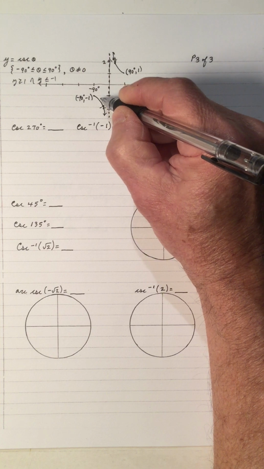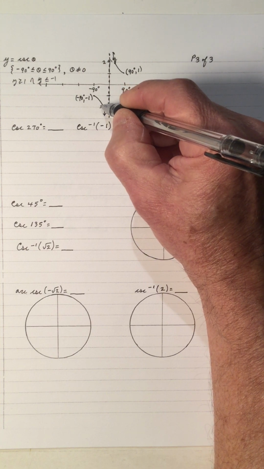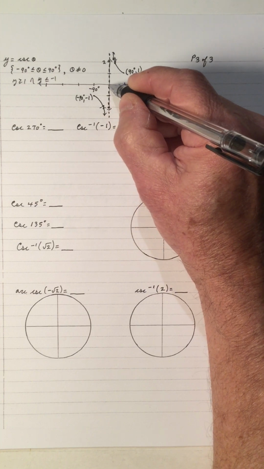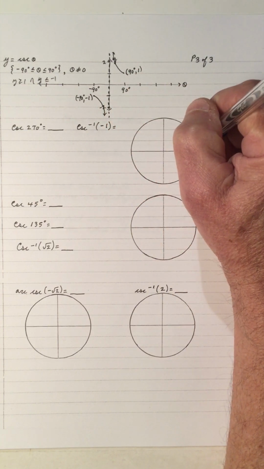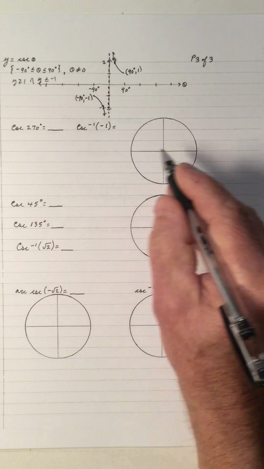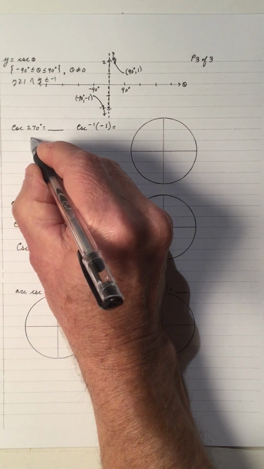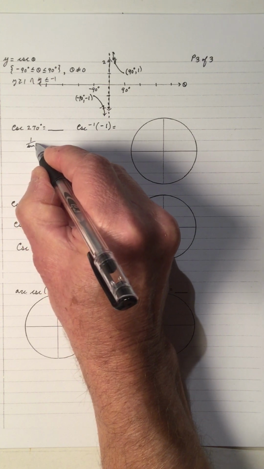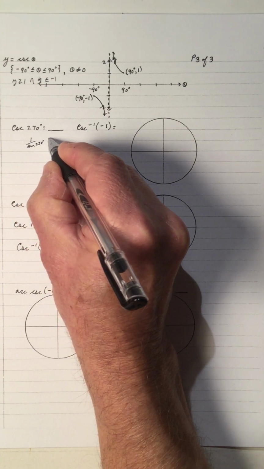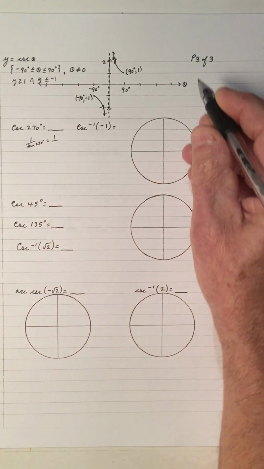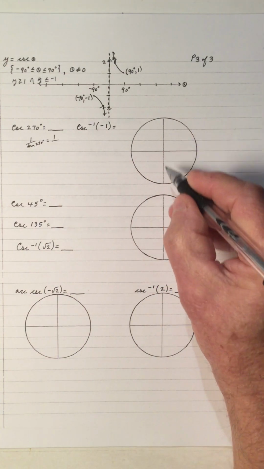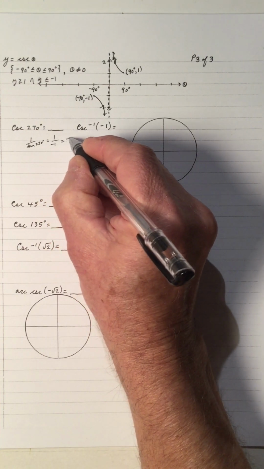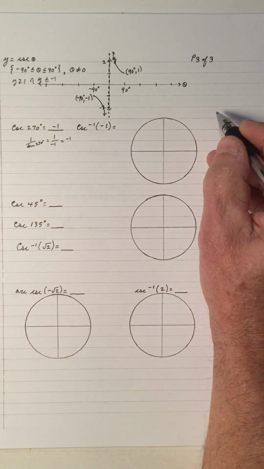If the number is less than or equal to negative 1, the angle is between 0 and negative 90, in quadrant 4. So what about the cosecant of 270? It's 1 over the sine of 270, and sine of 270 is negative 1, so it becomes negative 1.